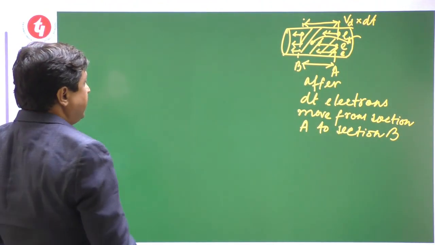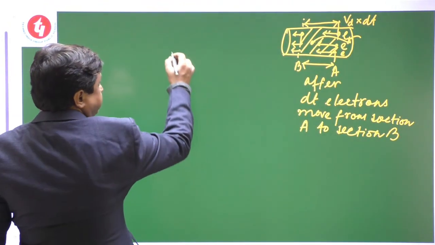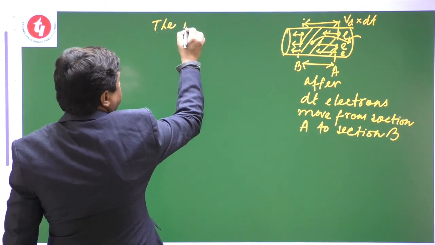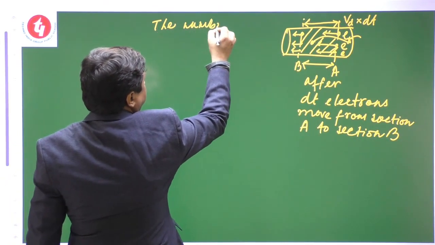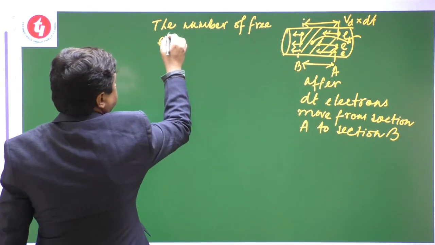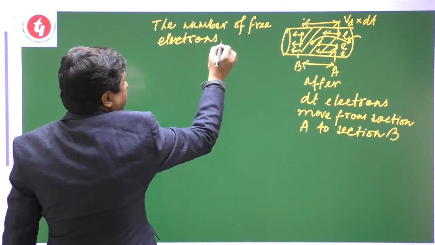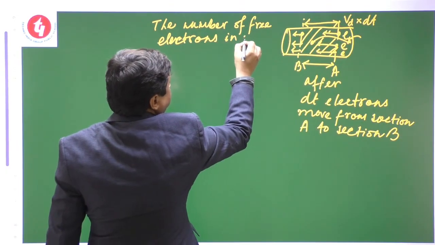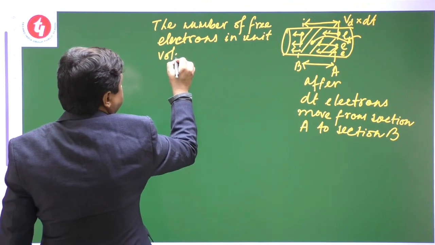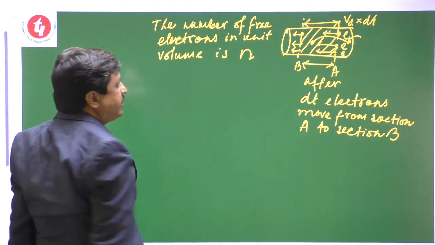Here, say there are some free electrons, and let the number of free electrons in unit volume be n.